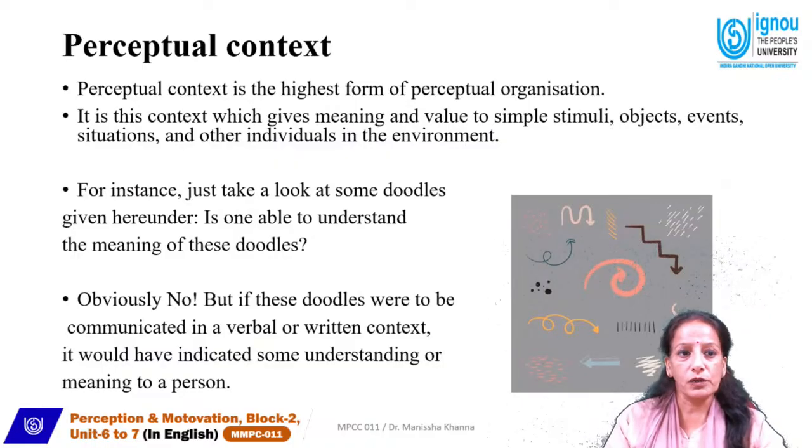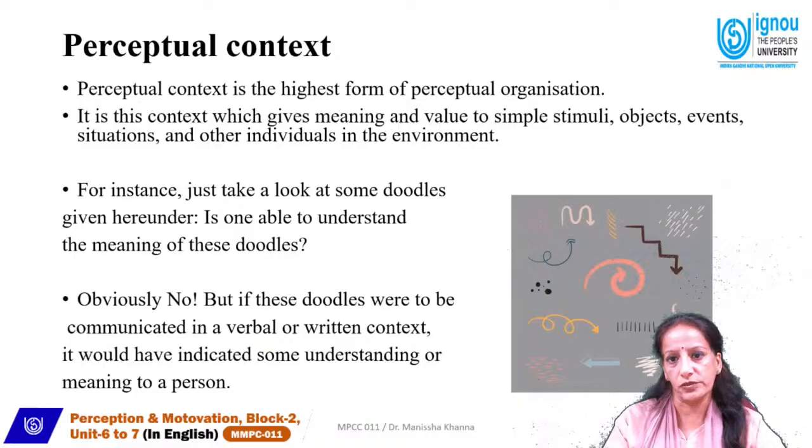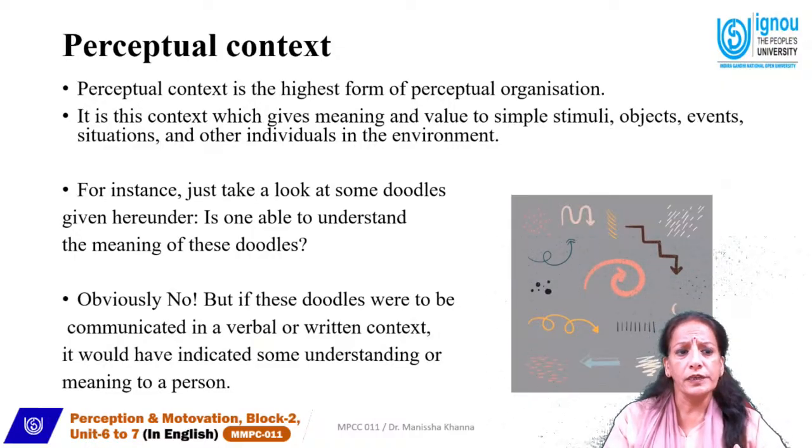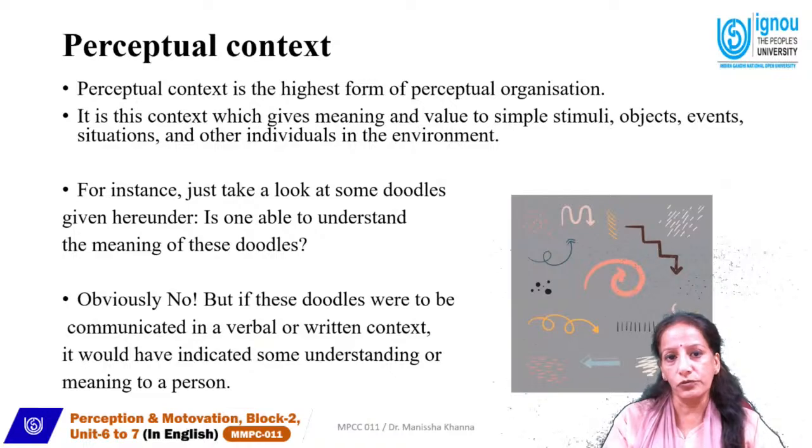So perceptual context is the highest form of perceptual organization. It is a context which gives meaning and value to simple stimuli, objects, events, situations, and other individuals in the environment. For example, just look at the doodles in this figure.